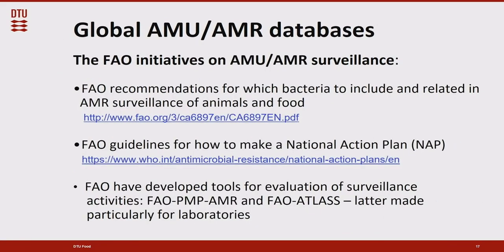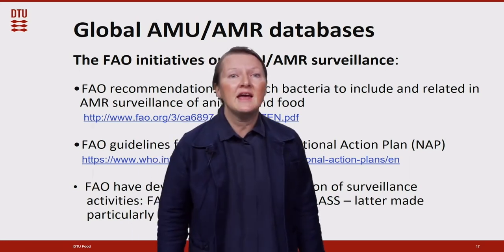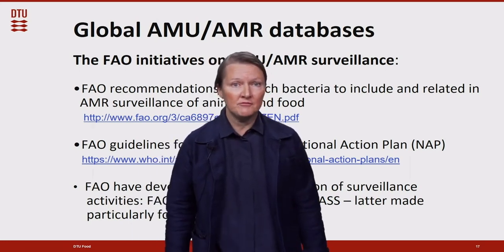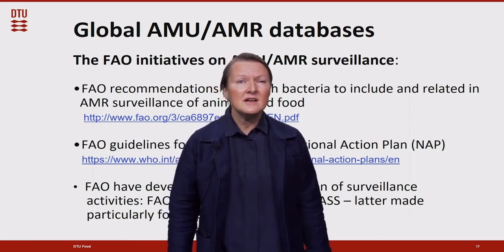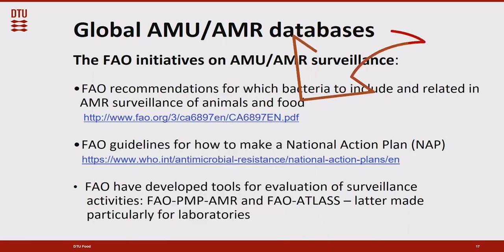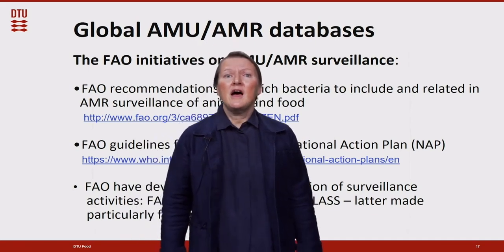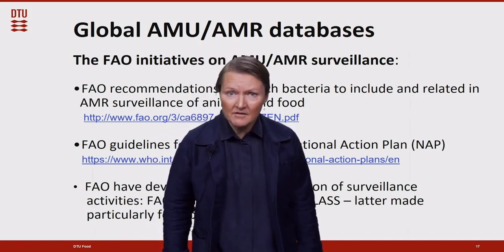The Food and Agriculture Organization's part of the tripartite agreement is that they have made recommendations for which bacteria to include in an AMR surveillance of animals and food. The link to the guidelines can be found here. Further, FAO have made guidelines for how to design a national action plan for AMR.